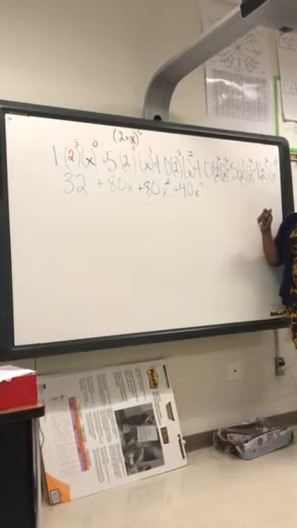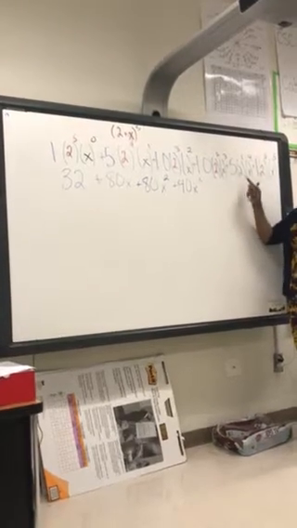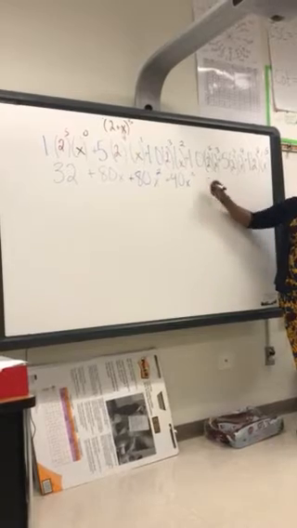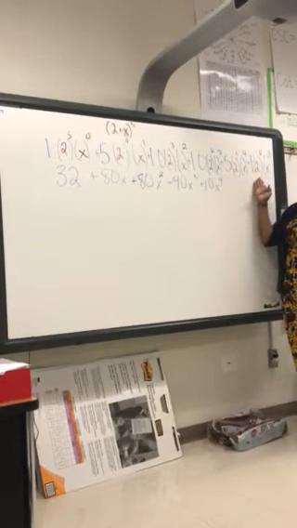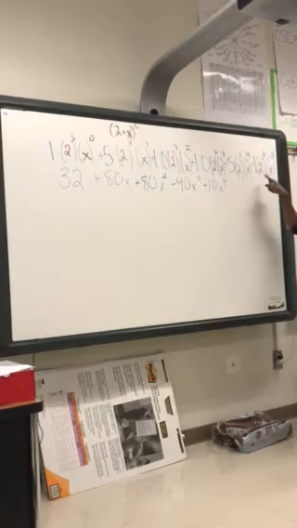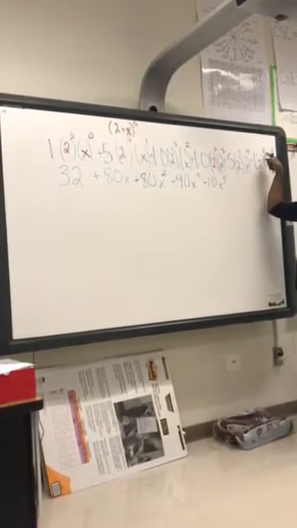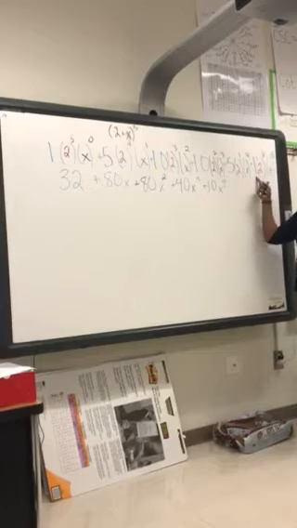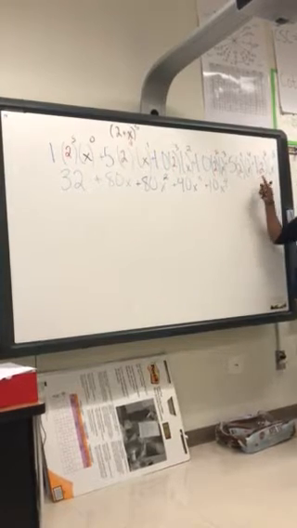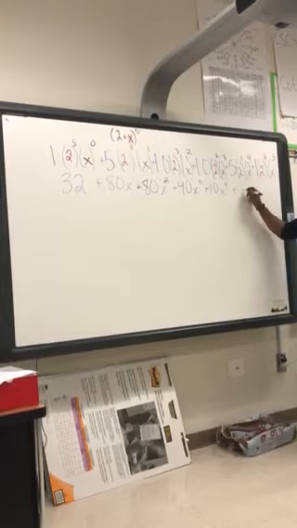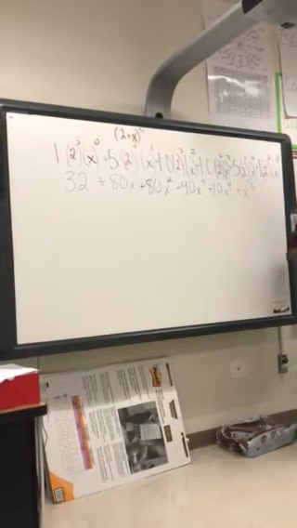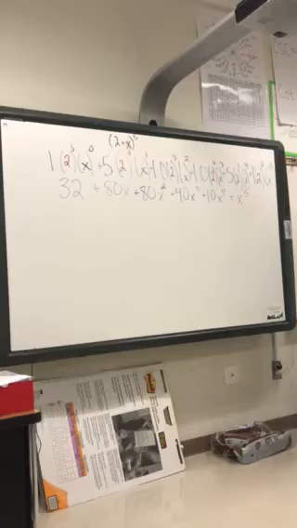2 to the 1 is simply 2, right? 2 times 5 is 10. So we have 10x to the 4th. Perfect. And then this last term here, we have 2 to the 0, which is 1, times 1. 1 times x to the 5th is x to the 5th. The only thing I would ask is that you write this in descending order.